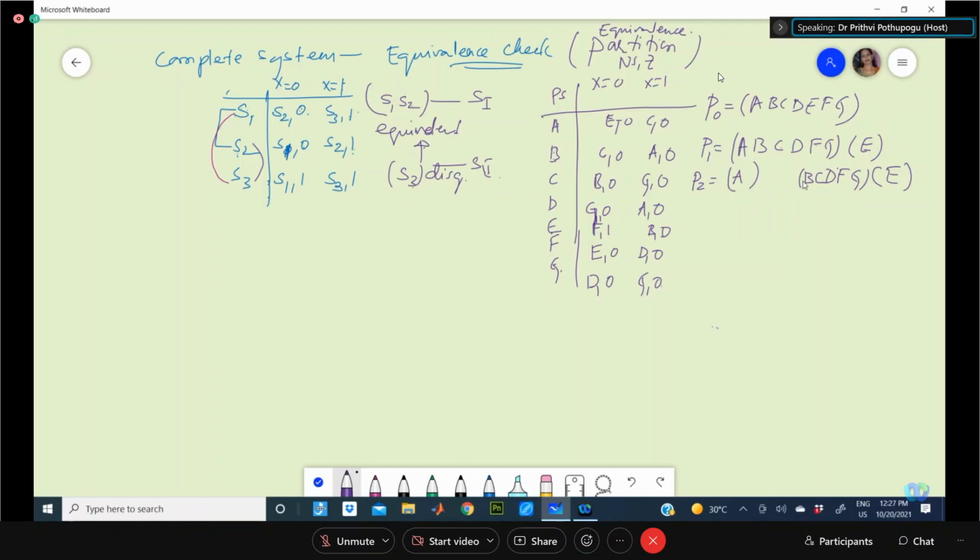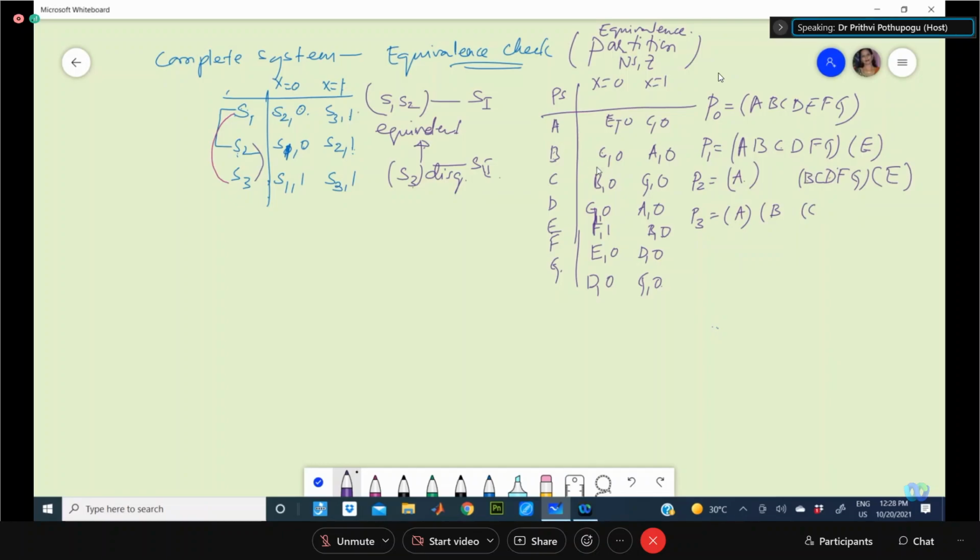Next, check for BCDF, the next pairing or equivalence check. BC goes to BC and AG. A and G are distinguishable, so B and C will be distinguishable. Next, BD.